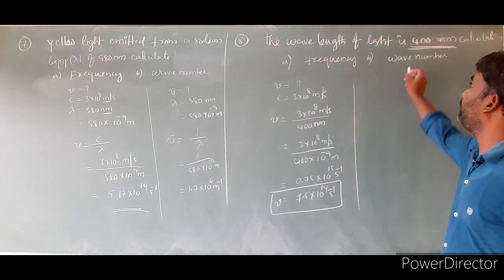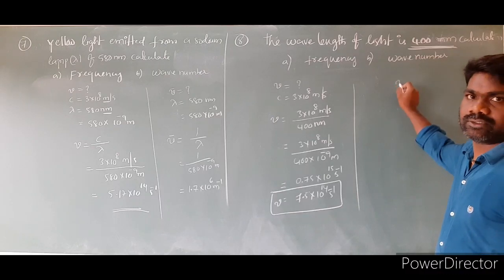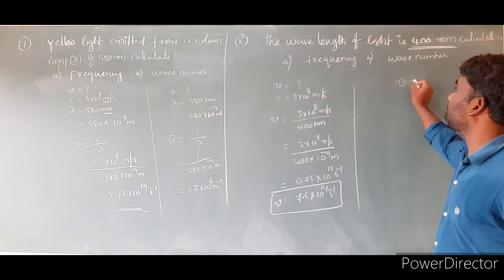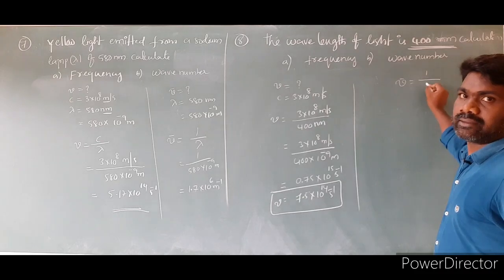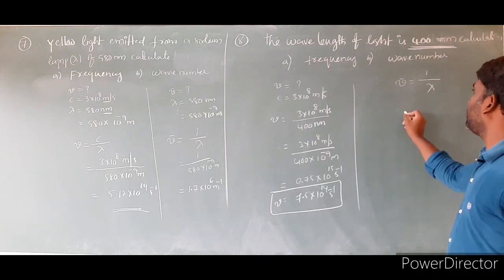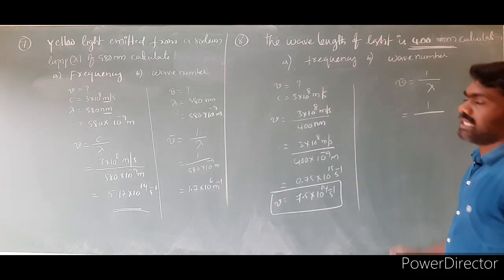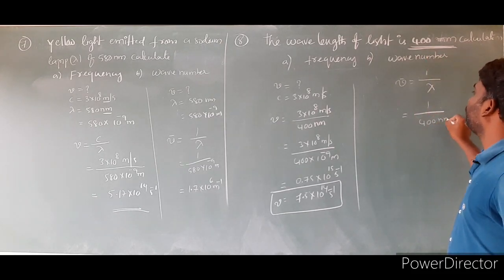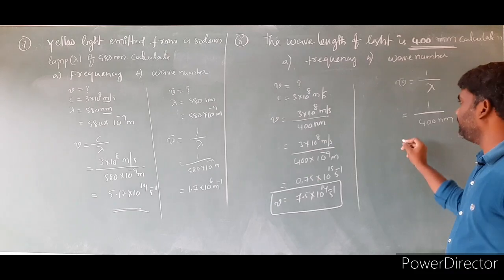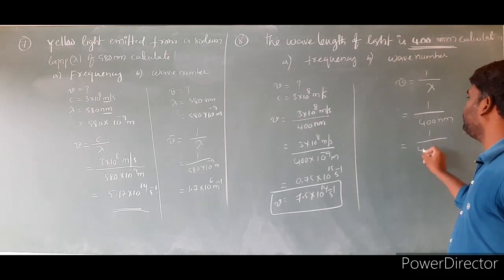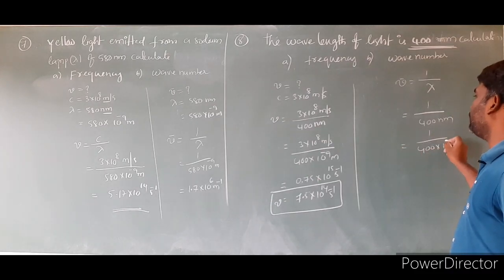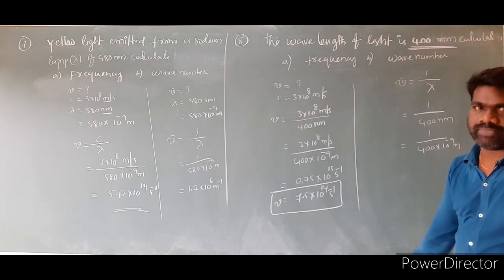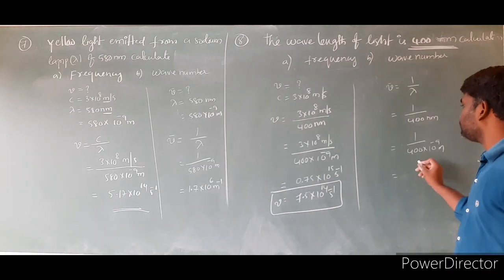Then coming to the wave number. Nu bar is equal to 1 by lambda, isn't it? Then lambda is given as 400 nanometers. Convert into meters. That is equal to 1 by 400 into 1 nanometer is equal to 10 power minus 9 meters. Then 1 by 400.